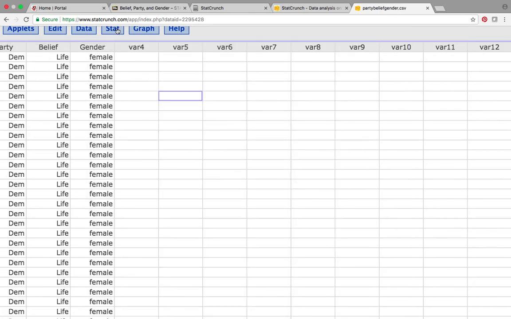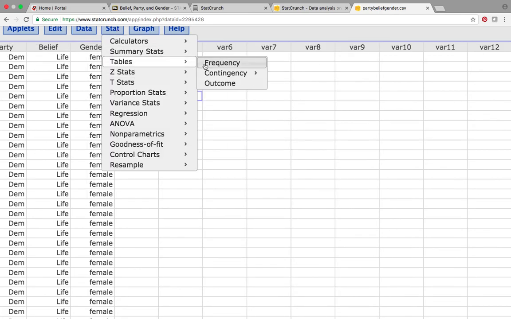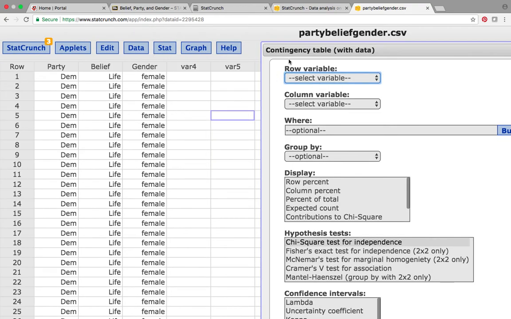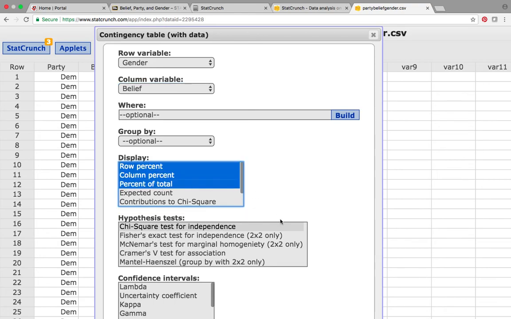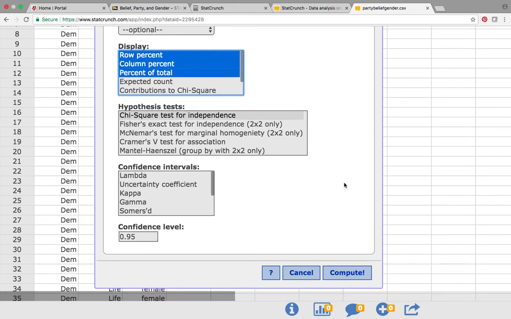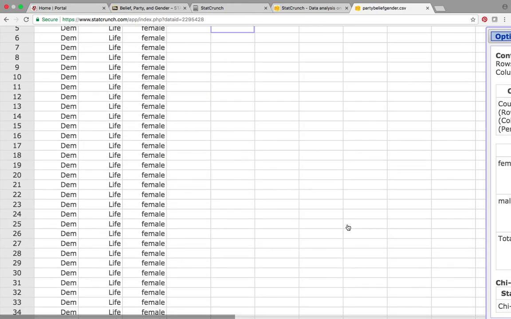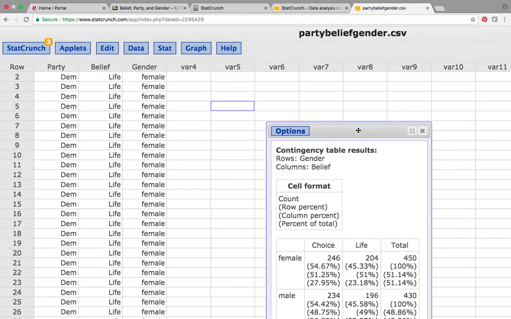Now, I'd also like to maybe take a look at the relationship between gender and belief. So again, I want row percent, column percent, and percent of total. Now, again, ultimately, we'll get into this expected count and all that fancy stuff, but right now we're just surveying.